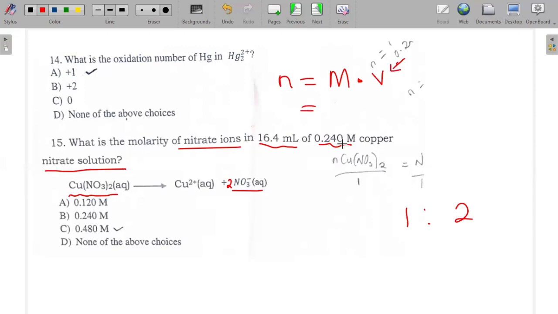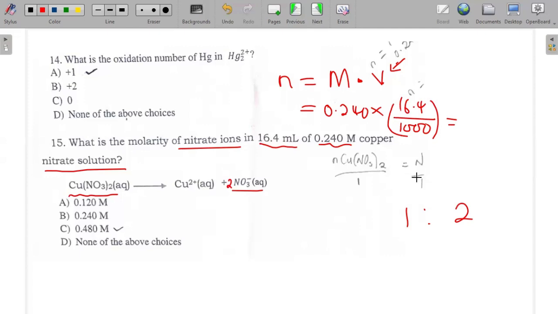So we say the molarity is 0.240 multiplied by the volume, 16.4, which is in milliliters, so we change it to liters by dividing by 1,000. So we have 0.240 multiplied by 16.4 divided by 1,000.